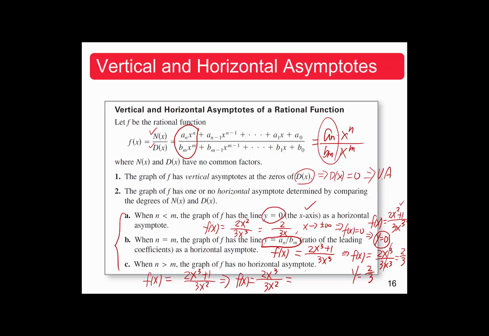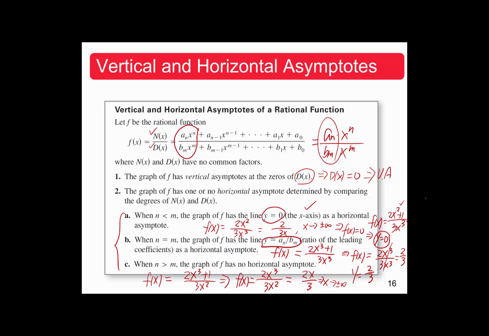Okay, so you simplify, and you get 2x over 3. As you can see, when x approaches plus or minus infinity, that will become infinity, because 2 times infinity over 3 will remain infinity.